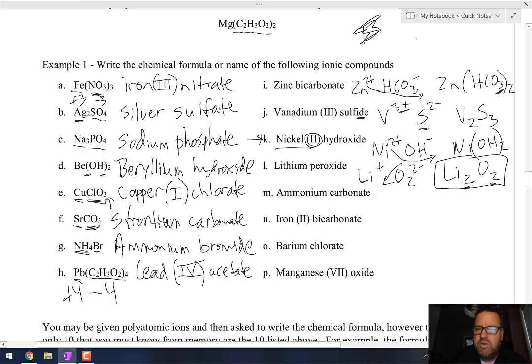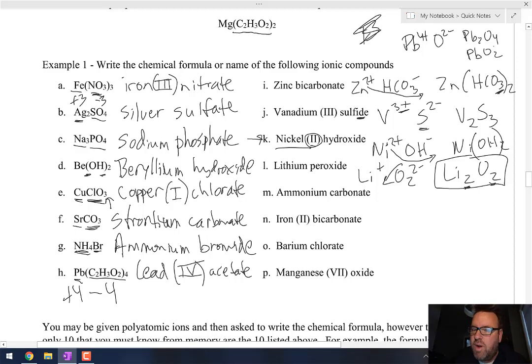Okay, remember that even if you had, I'm trying to think of an example here, like Pb4 plus and O2 minus, you'd write Pb2O4, but then you go, oh, I got to reduce those to PbO2.